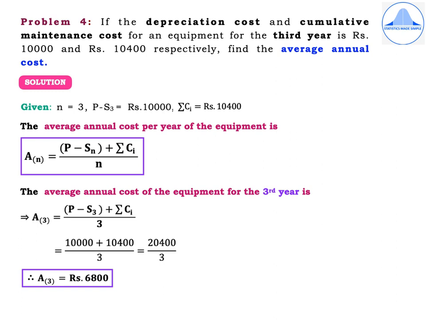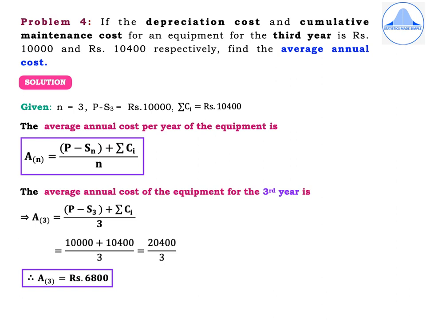So under solution, we write given n equal to 3. The depreciation cost is denoted by P minus Sn. So here n is 3. So it will be P minus S3 is equal to rupees 10,000. And the cumulative maintenance cost is nothing but summation Ci, and this is rupees 10,400.